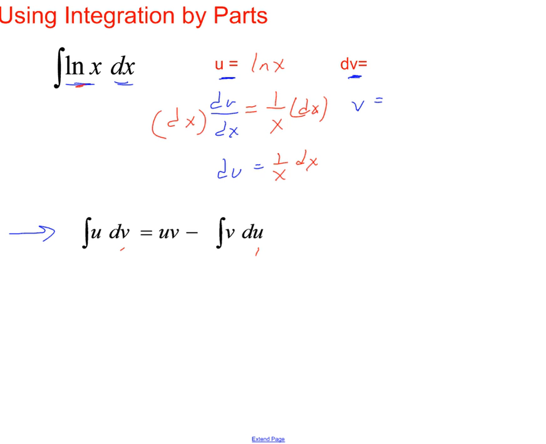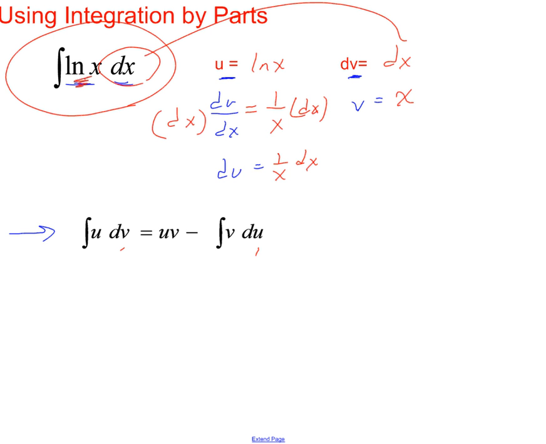Since I've already used ln x, all I have left for dv is dx. Well, if dv is equal to dx, then v, the antiderivative, is going to be equal to x. And while we've always added a plus c, for this particular method I'm going to leave that plus c out, and we'll learn why we can do that later on.